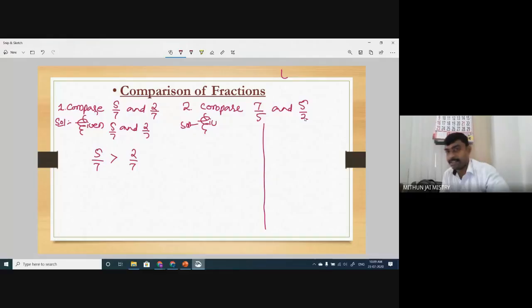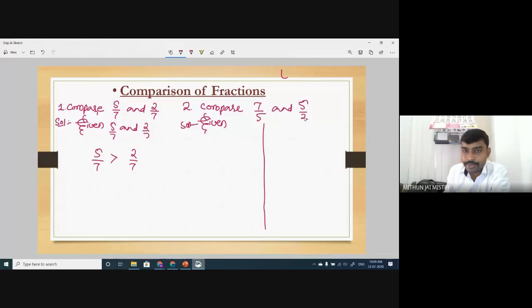Let me tell you the first thing. The first thing is to convert the given unlike fractions into like fractions. Yeah, we can do that. What are given? 7 by 5 and 5 by 2.